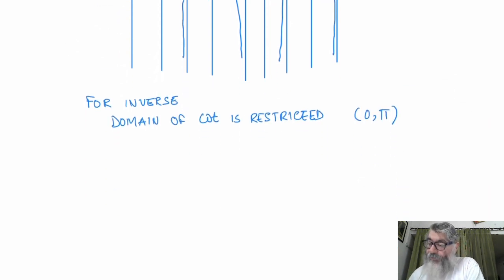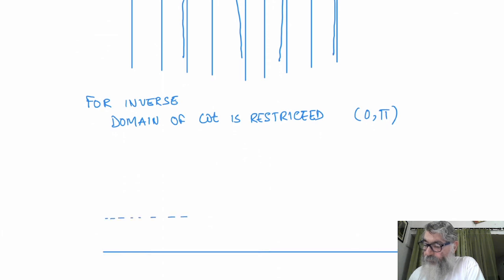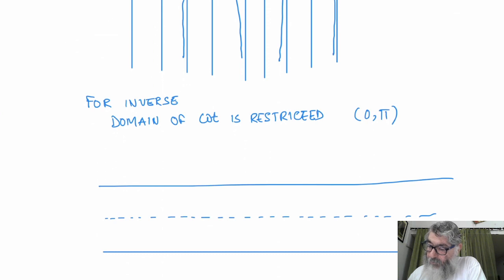And how are we going to draw this graph? This is x dash, O. This is pi by 2. This is pi.